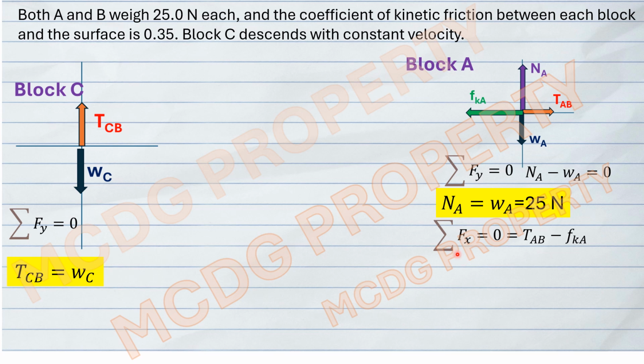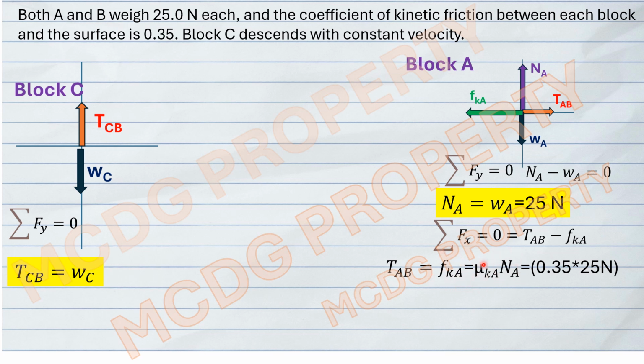Now, next we get the summation of forces along the x. So, the summation of forces along the x will be equal to 0. And looking at the diagram here, that will be equal to TAB, the tension between A and B, minus the force of kinetic friction between block A and the surface. Hence, the tension that connects A and B will be equal to the force of kinetic friction, but the force of kinetic friction is equal to the coefficient of kinetic friction times the normal force.